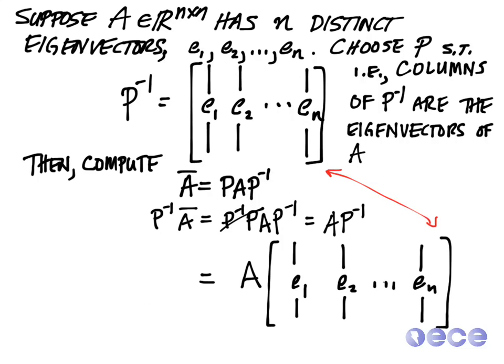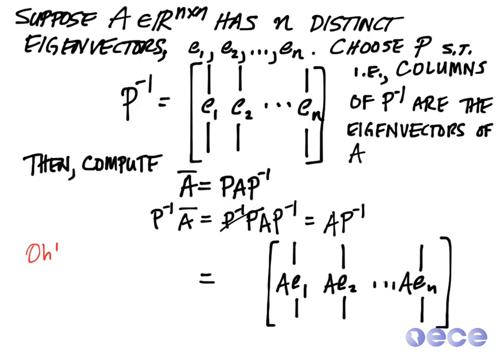So it's just a bunch of columns, and each column is an eigenvector. And I've pre-multiplied that by A. So in essence, I can go ahead and multiply each column by A, which is what I would be doing anyway. So A e1, A e2, all the way to A en.